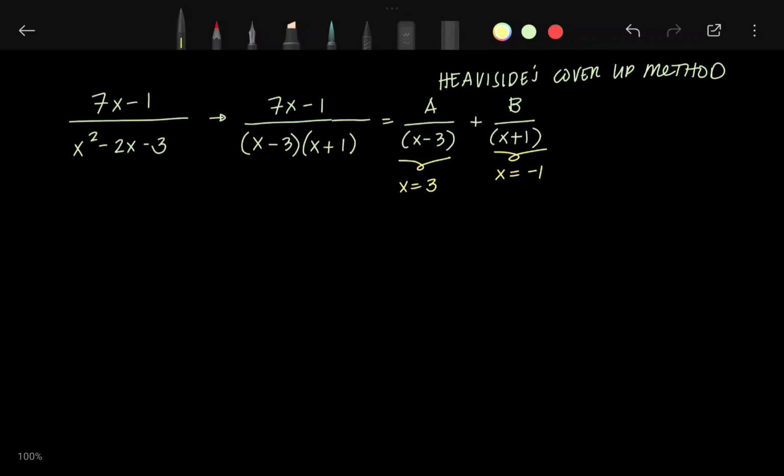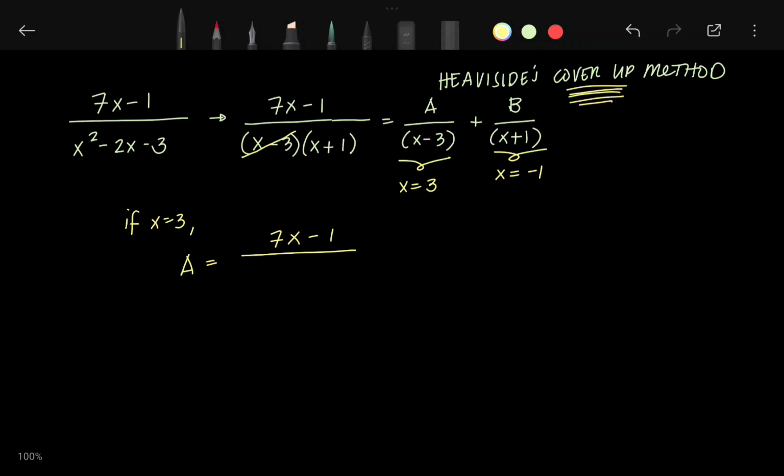Okay, so if we are processing A, if x equals 3, we will get A if copy mo si 7x minus 1 all over. So, cover up method, diba? So, you have to cover up whatever is the denominator here. So, it's as if you ignore this part.